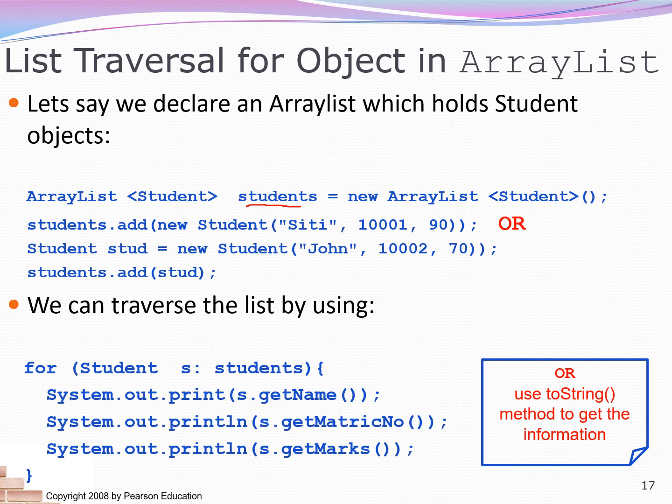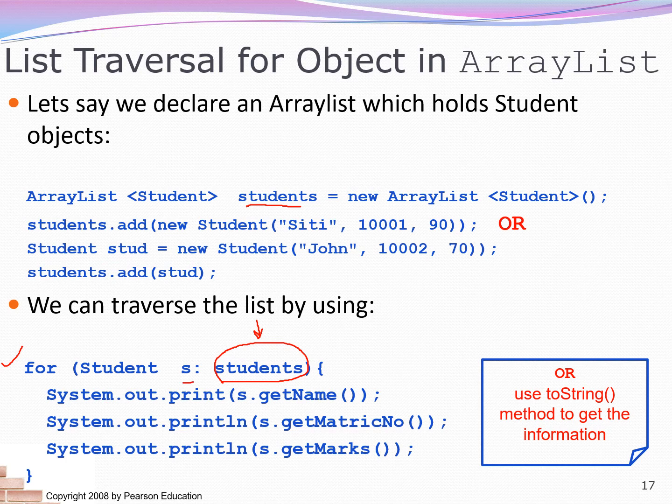If you want to traverse using a for loop, here you put the name of the array list, so it will allow you to traverse.